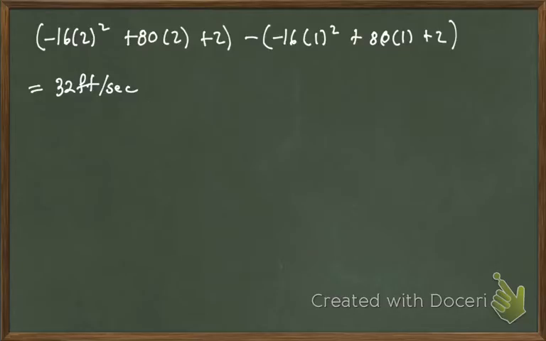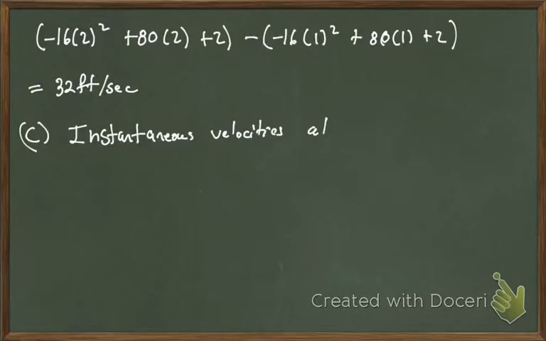Problem C asks for the instantaneous velocity. So instantaneous velocity, that's going to be where we use the derivative. That's finding slopes of tangent lines. So we're going to use our velocity equation, which is the derivative of position.